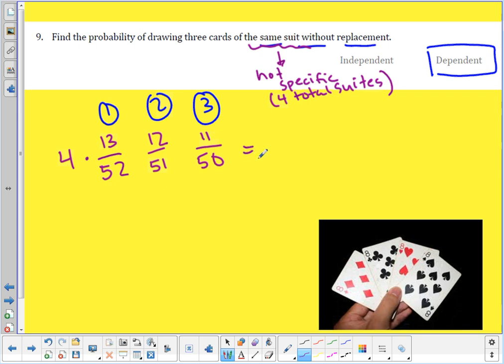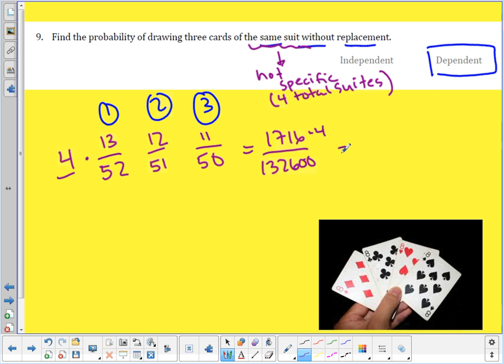When I do that, I end up with 1,716 over 132,600, which we've talked about before. But then I need to take that and multiply that top number by that 4. That's the 13 times 12 times 11.